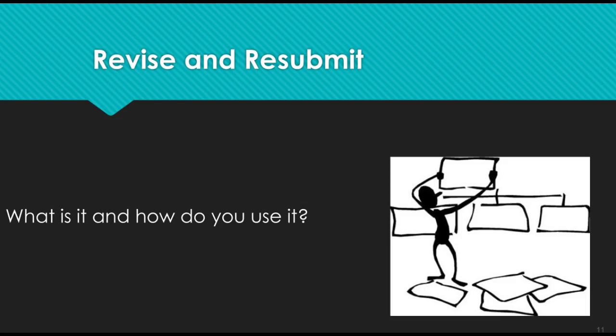What you should do, the first thing you need to do, is read over my comments and then set up an appointment to talk to me. You can email me, we can meet online, we can talk over the telephone, but set up a time to talk to me. It'll probably only take a minute or two, but it lets you know what I really need you to do in order to revise and resubmit the assignment successfully the second time.